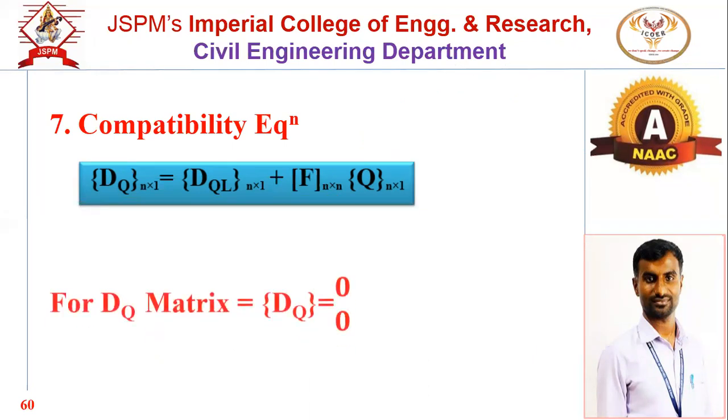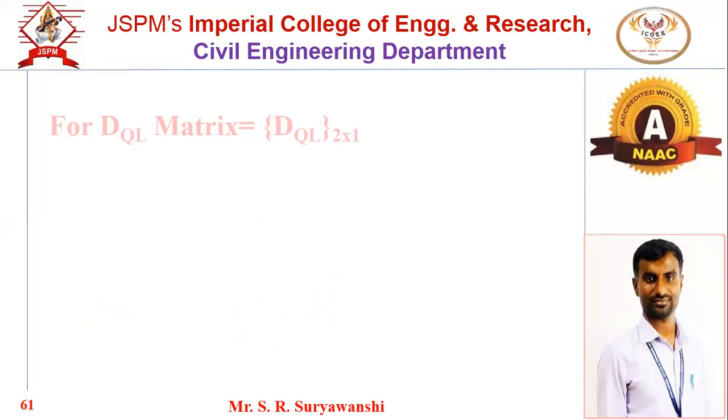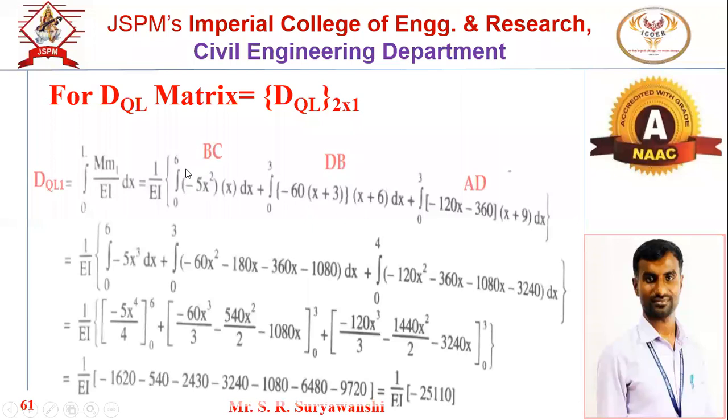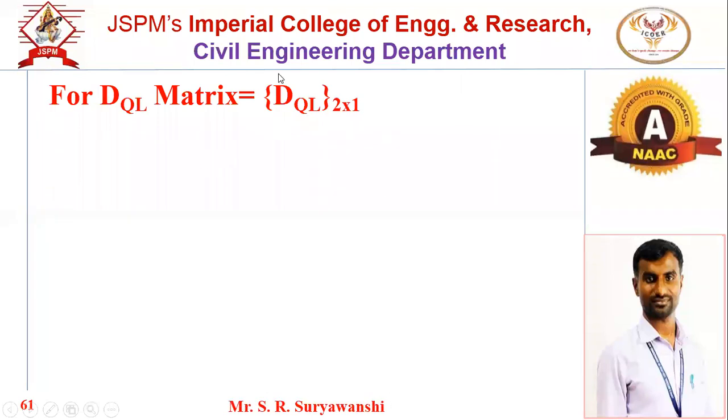So first, as we have discussed, DQ, no displacement. That's why null matrix. Next, it is for the DQL matrix. So for this DQL matrix, what we have to perform? I will tell the formula first. This DQL will have two elements. The first element will be DQL1 and the formula is, now this is the definite integration, and that integration we have to perform on our calci very easily.